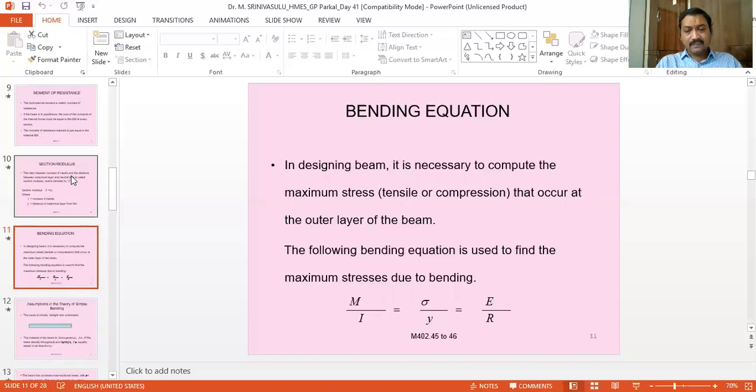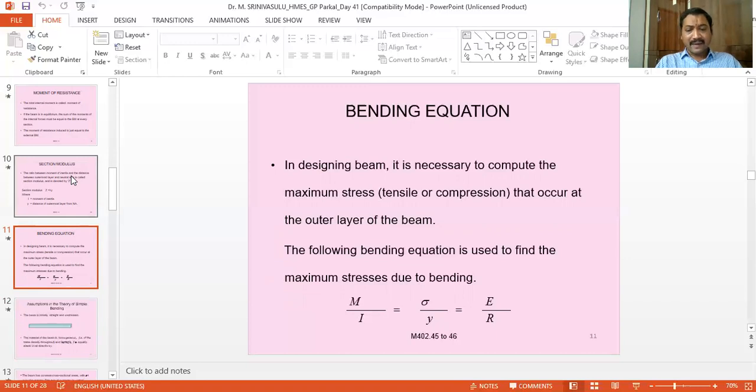In the theory of simple bending, we may have to find the stress, the bending moment, the moment of inertia, or the radius of curvature. Any unknown quantity can be found by using this equation, which is called the bending equation.